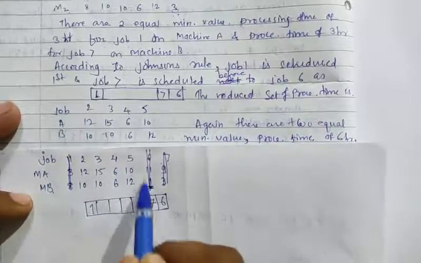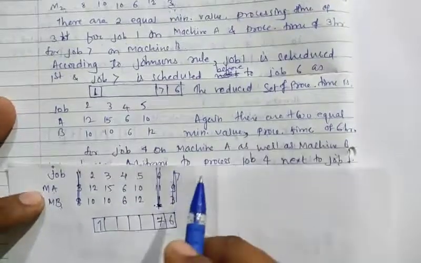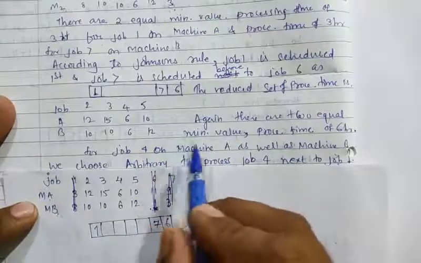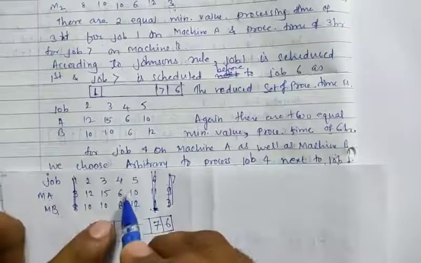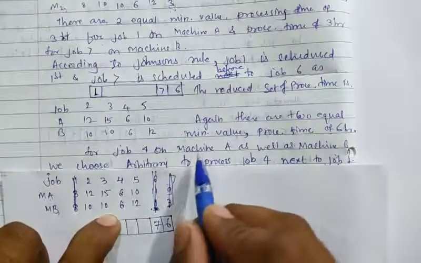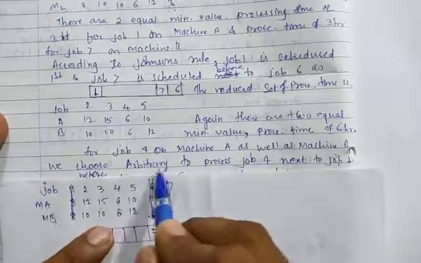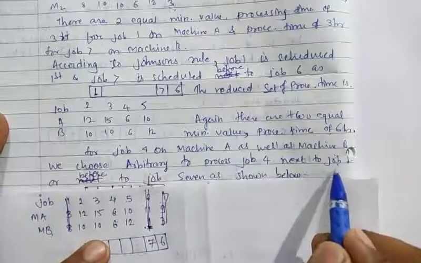Now in this table, which value is minimum? Again there are two equal minimum values, 6 and 6, a processing time of 6 hours. Since they are for machine A as well as machine B, we choose arbitrarily to process job 4 next to job 1.